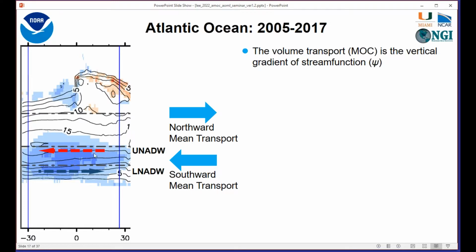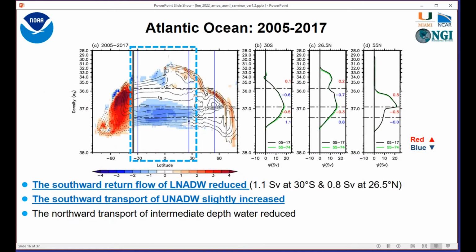So in this configuration, the upper North Atlantic deep water anomaly goes southward: the mean flow is southward, and the southward anomaly is intensified. For the lower North Atlantic deep water, the mean flow is southward, but the anomaly is going northward. That means it's reduced, and that's the signal that you see here. I just want to explain a little better what you are seeing: it's not just a reduction of the MOC, it's basically a vertical structure change in the MOC.